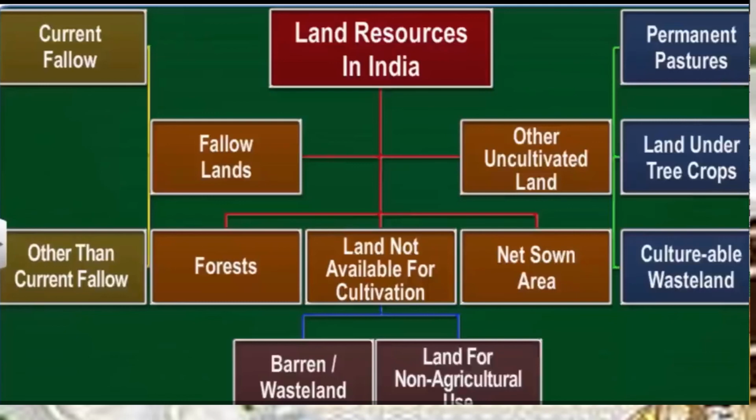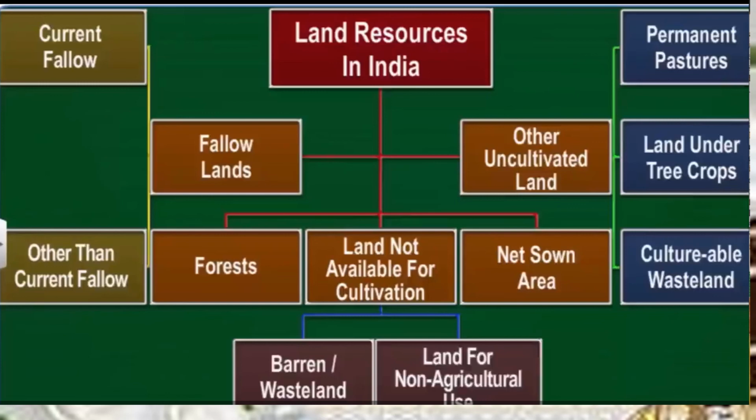Now we come to the net sown area. Net sown area means total area of land which is under cultivation. Then we have the forest, which we know is rich in resources, and the last one is the land not available for cultivation.